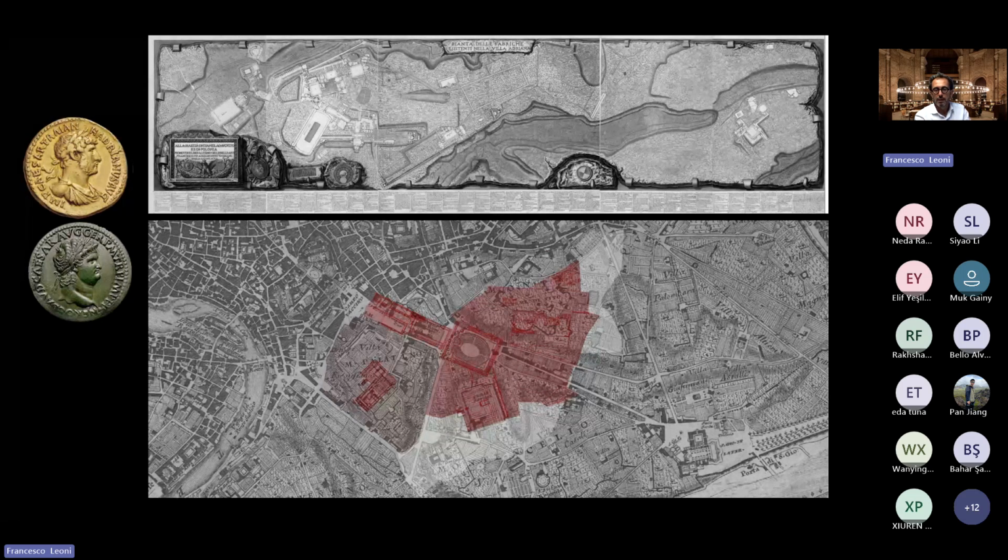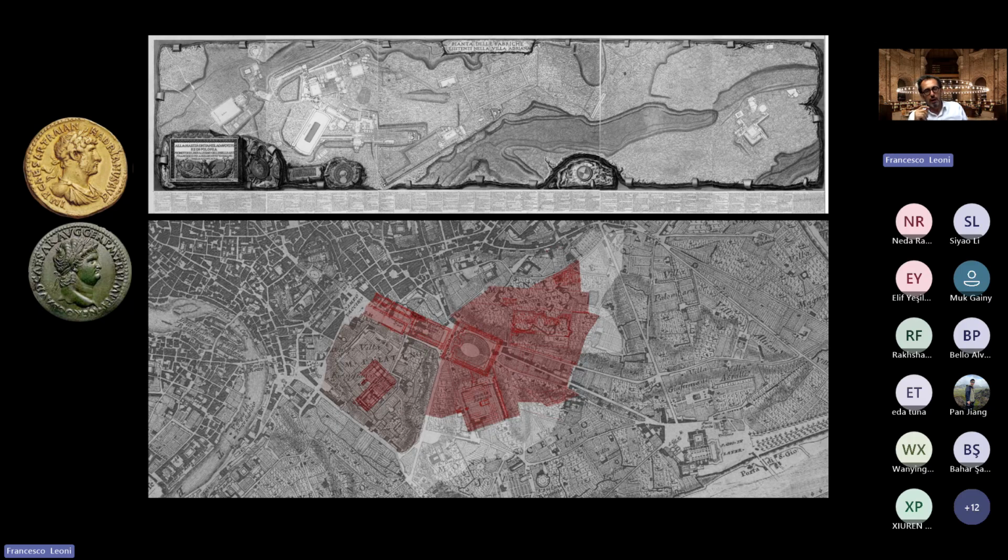And underneath you can see the coin presenting the Emperor Nero with an ancient map of Rome, and underlined in red you can see the area that Nero's villa, which used to be called Domus Aurea, that is Golden House, used to occupy inside Rome, a very huge space.